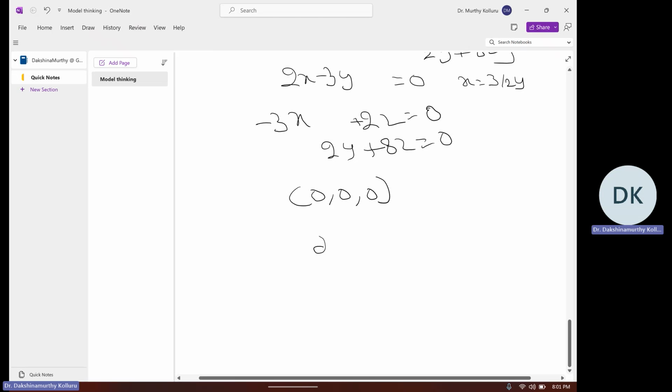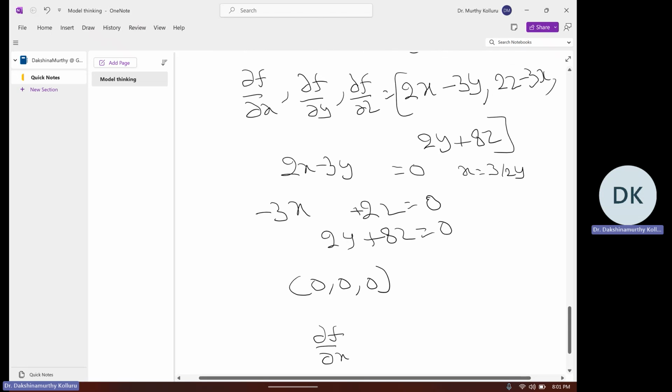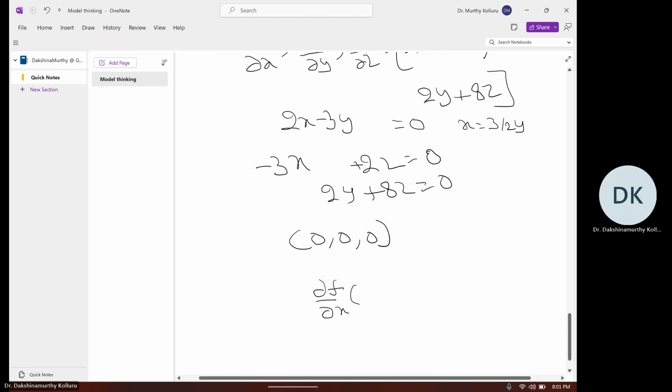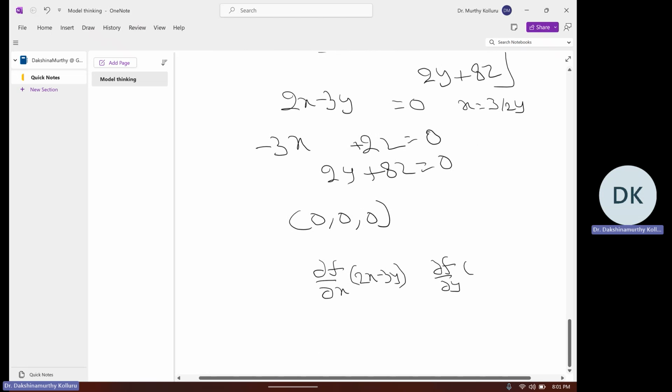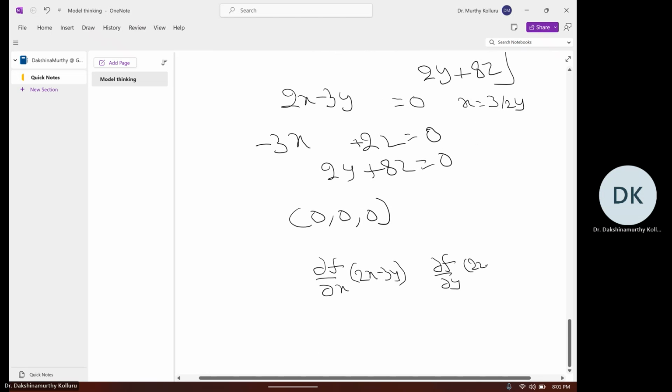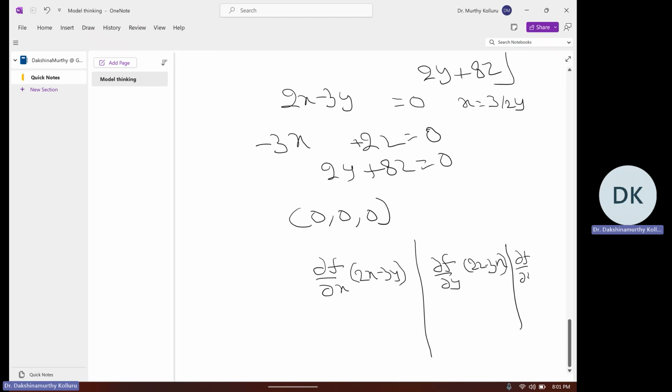Again, we already computed dou f by dou x, which is 2x minus 3y, dou f by dou y, which is 2z minus 3x, dou f by dou z, which is 2y plus 8z.